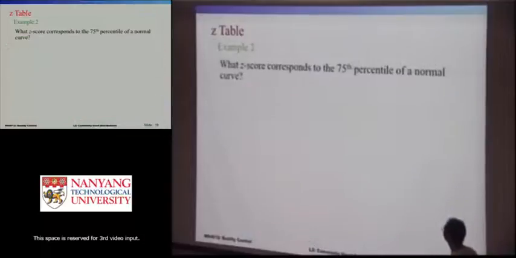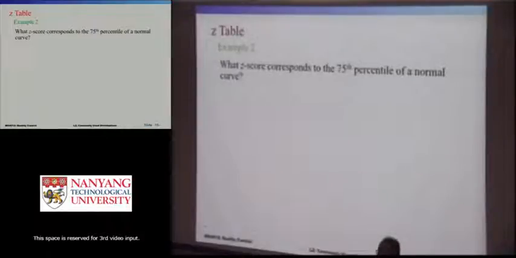Then we look at example 2, which is the z-score corresponding to the 75th percentile of a normal curve. So what's the meaning of a 75th percentile?